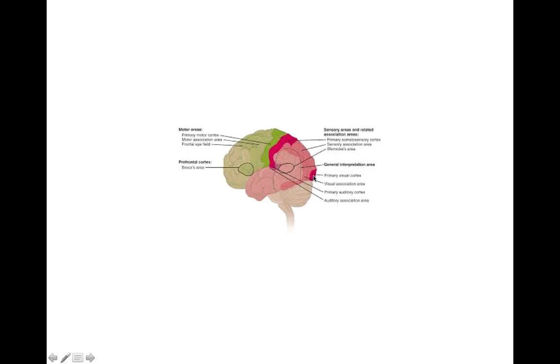This is the primary visual area in the occipital lobe, and next to that is the visual associated area, which is responsible for quality of the vision. Comprehension of the language, that is written language.